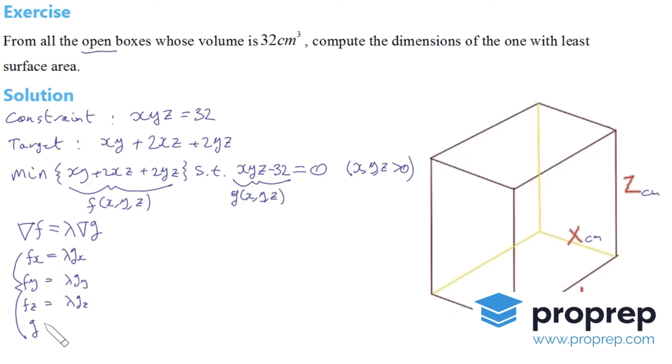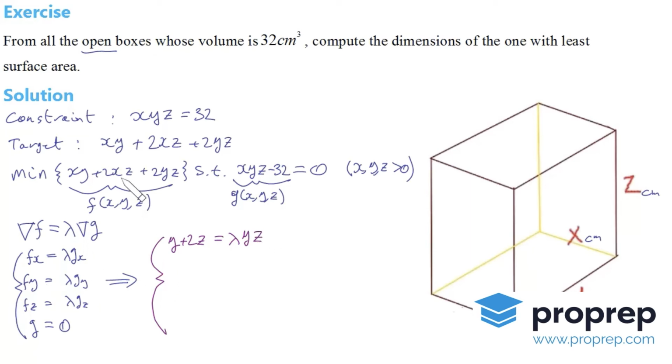Well, in general, it's g equals 0, but when I convert this to our particular case, what we will get will be f with respect to x, that will be y plus 2z. That's equal to lambda. G with respect to x is yz.